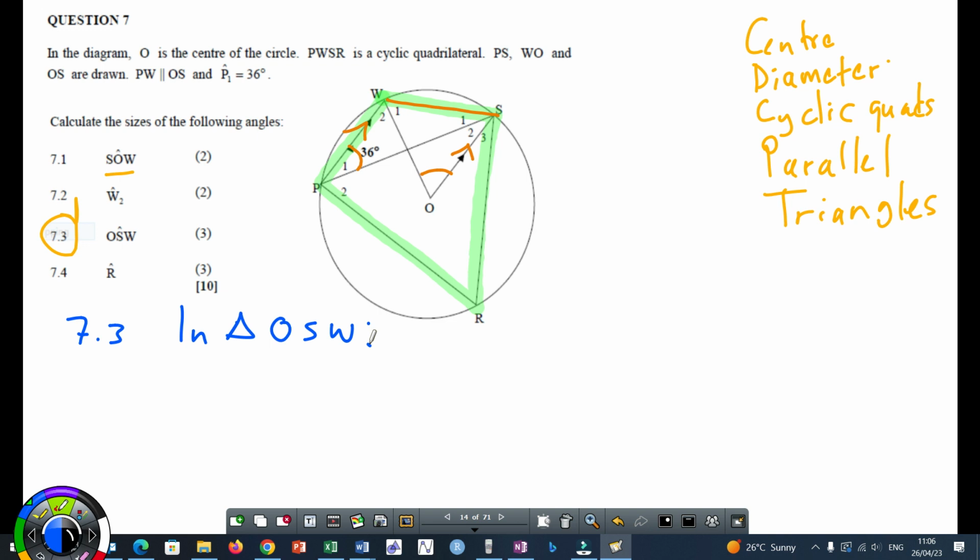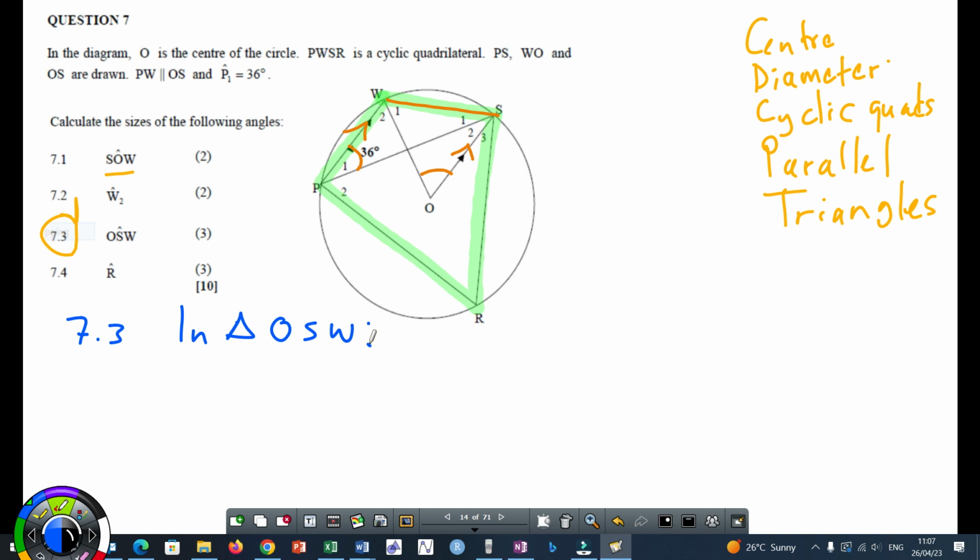I told you about perception when someone is marking your work. There's no mark allocated for this, but it helps when I'm looking at work to see that you know what you're doing.